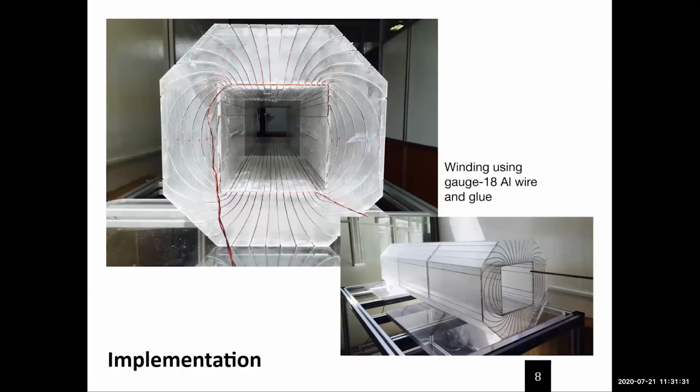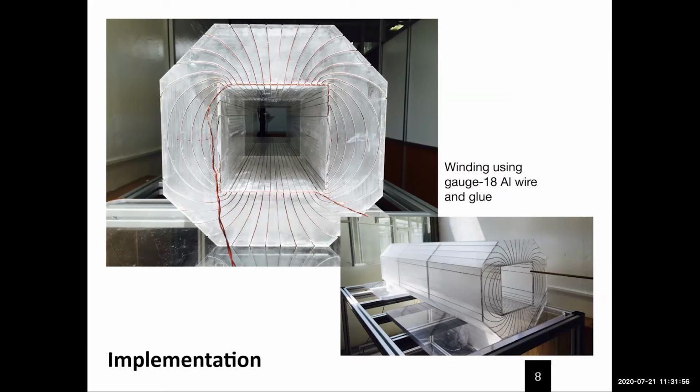Then the next step is the winding. We used in this coil gauge 18 aluminum wire and some glue, because this was our first coil using this method, and the grooves were slightly bigger than the wires.